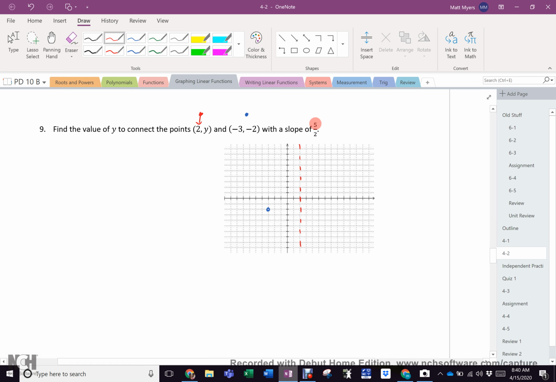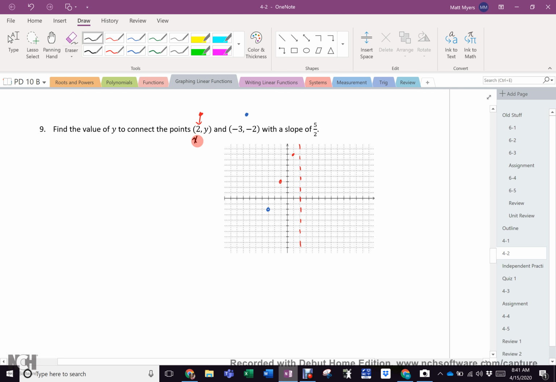Got a slope of positive 5 over 2. So up 1, 2, 3, 4, 5, right 2. Up 1, 2, whoa! I went off the graph. I'm not going to be able to do this one with a graph, so I've got to do it with algebra.